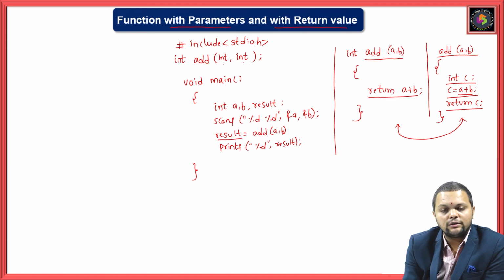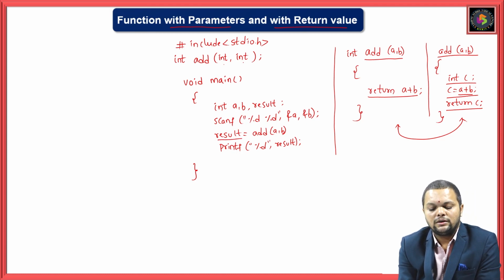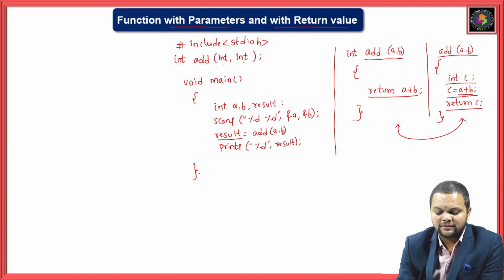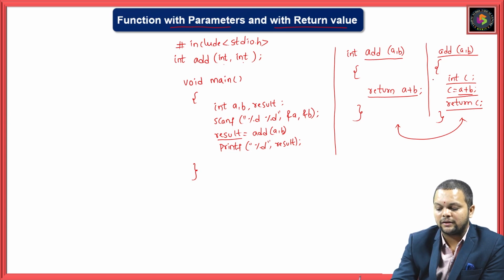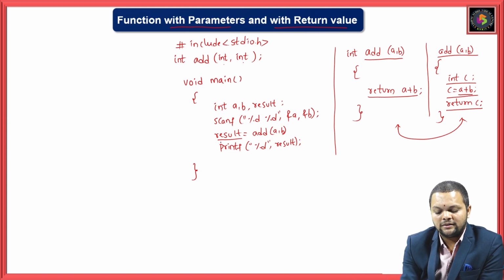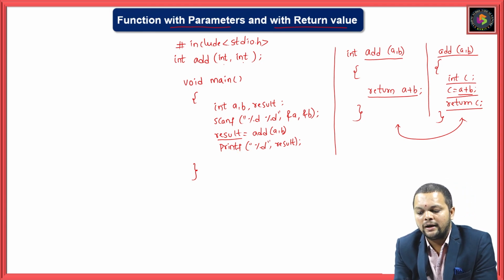Up to what extent can you access your result? You cannot access result after this particular point. Result scope is up to the end of this particular block. After the end of this block, result cannot be accessed. So this is about your function with parameter and with return value.